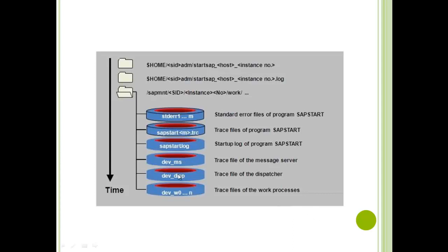Then this is the trace file for the message server, this is the trace file for the dispatcher, and this is the trace file for the work process which we have seen how to enable. Okay, and we have many trace files. Now you may be a little bit confused about which trace file to look at. Okay, you always start here. How do we know which trace file we need to look at?